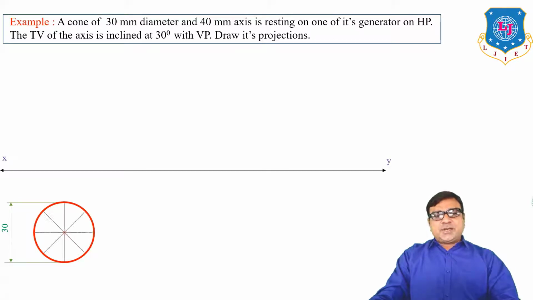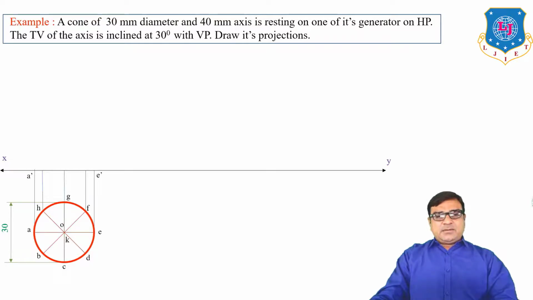The top view is a circle of 30 mm diameter. Divide the circle into 8 equal parts. Insert the names of the points on the periphery: A, B, C, D, E, F, G, H. And the top view of the axis is a point O, K is the axis.